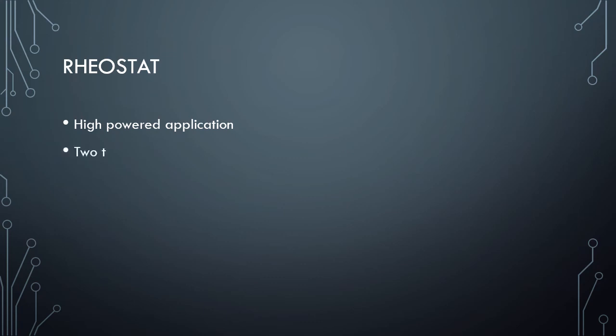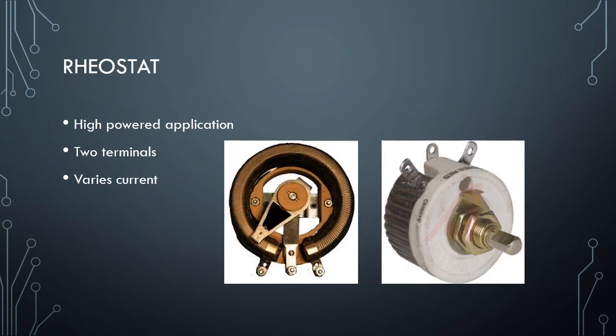It has only two terminals. Although you can see in the picture it has three terminals, only two terminals are used. So the two-terminal type of resistor only varies the current.